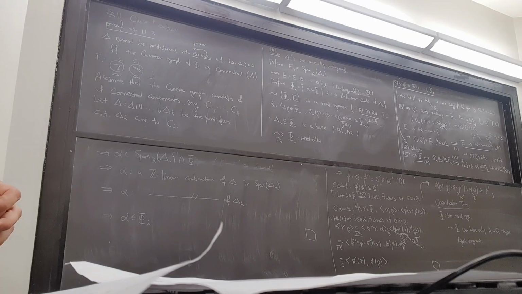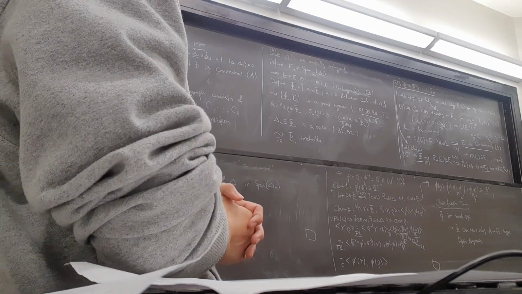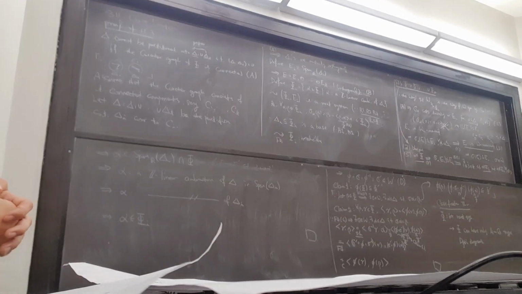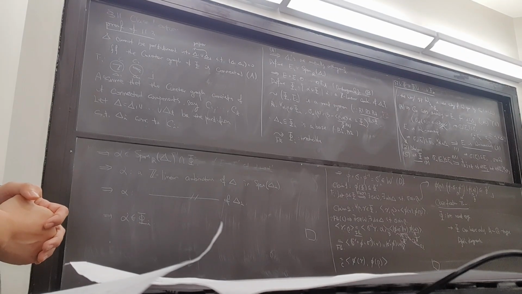For the so-called classical types, A, B, C, D, this is relatively easy to show, and for the other types, one has to work harder. We are not going to go into these details, these exceptional groups, E6, E7, E8, and G2 and F4.